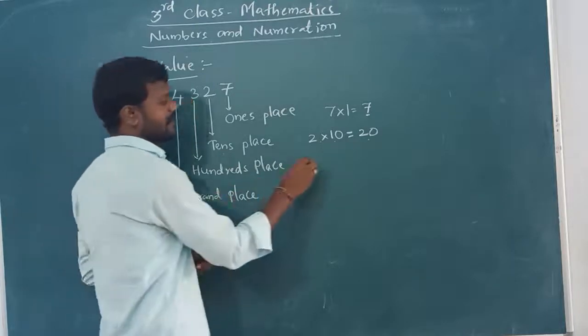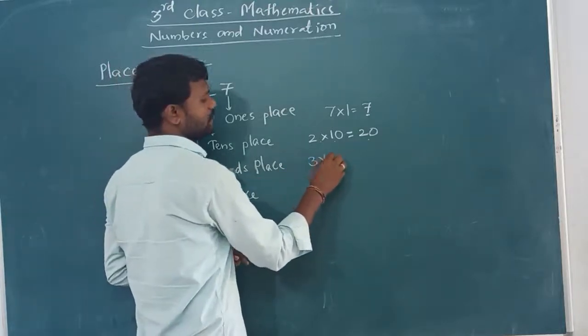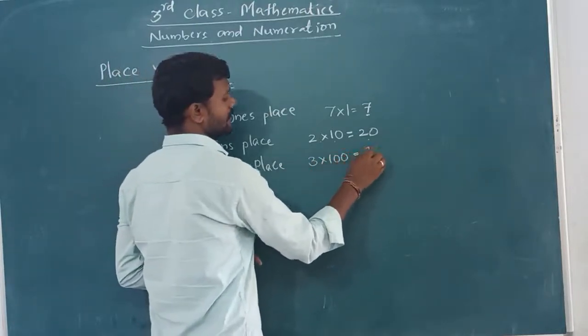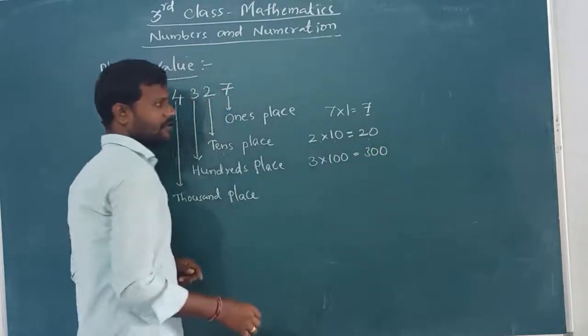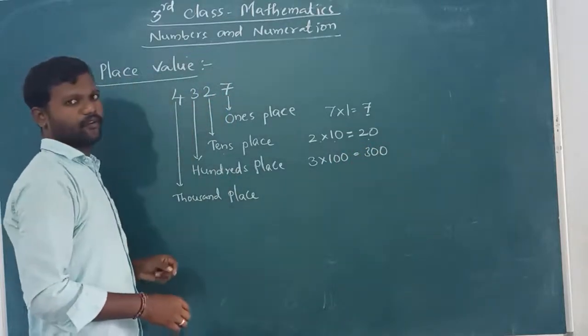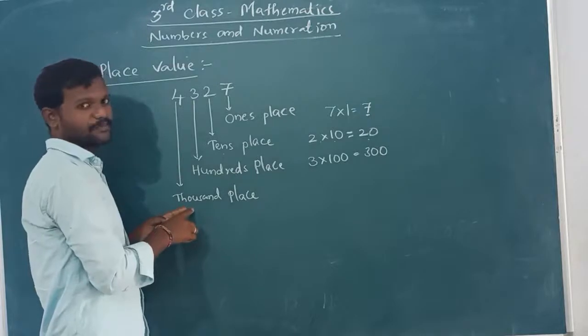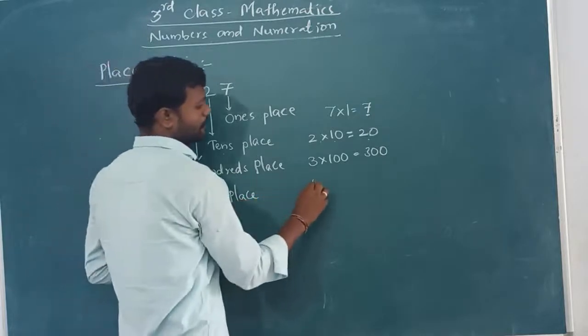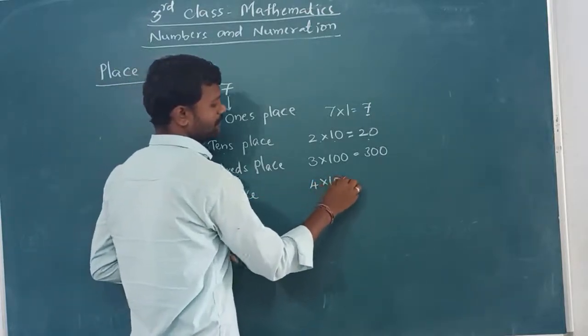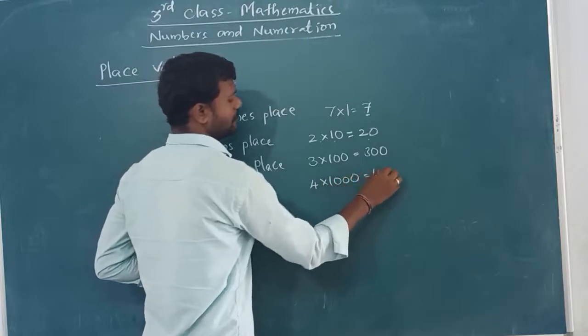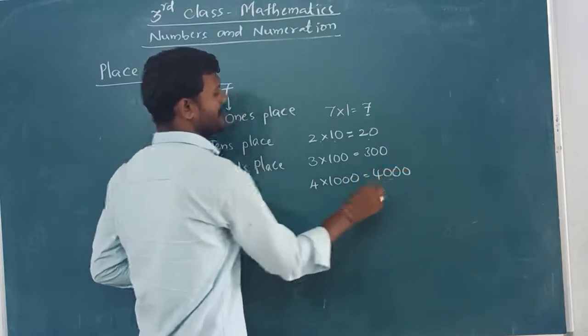So what is the place value of 3? 3 into 100. So 300. Next, what is the place value of 4? 4 is in which place? Thousands place. So the place value of 4 is 4 into 1000. So 4000. These are the place values.